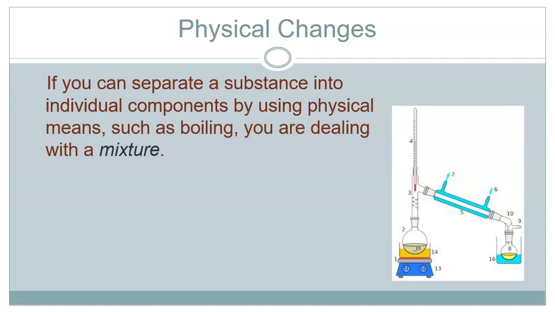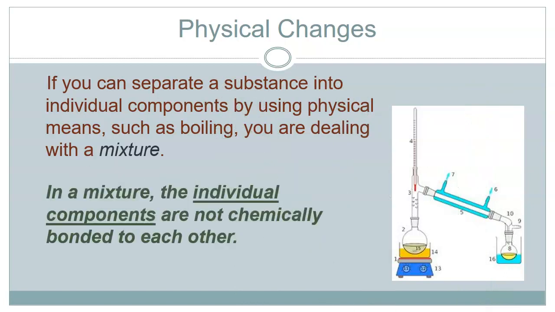When we're talking about compounds, we're talking about things that have chemically bonded together. However, when we're talking about a mixture, we're talking about something where the individual components have not chemically bonded to each other. And because they're not chemically bonded, there has been no change in the actual substance, or at least no change in what the actual substance is.